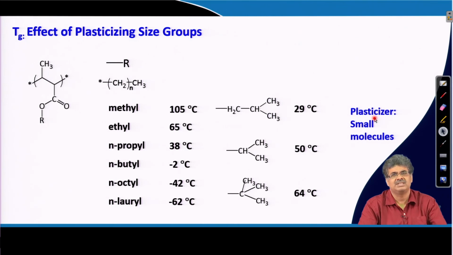If the polymer Tg is higher, then plasticizers are added to decrease the Tg to help in processing, and that happens because on dissolving small molecules, the free volume increases.